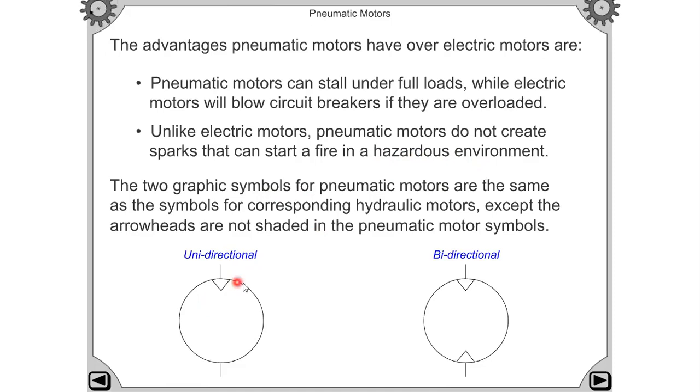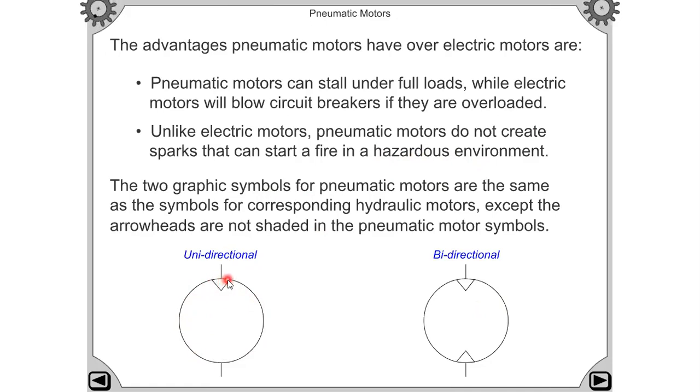Here we are seeing the two graphical symbols of the pneumatic motors. The first is for unidirectional. I draw a circle and a triangle pointing towards the inside, and the triangle will be open.